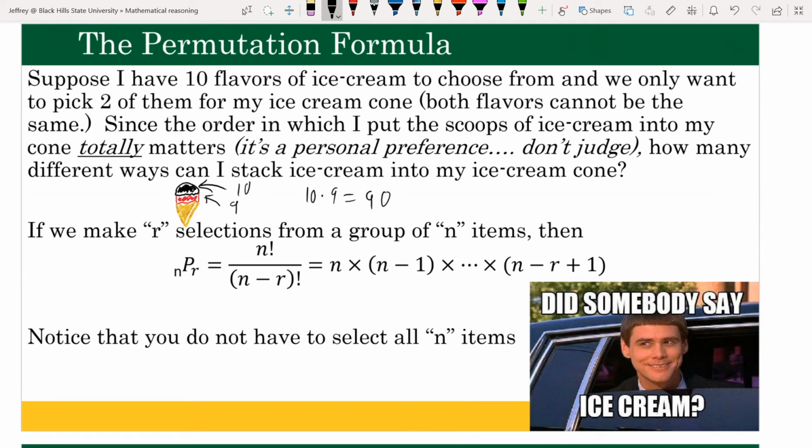Essentially, it takes the number of ways to arrange all n items and divides it by the number of ways to arrange the non-selected items. By dividing by the number of ways to arrange the non-selected items, we end up with the number of items that we are selecting left over. So again, n is the total number of items we have to select from, but we are only selecting r of those items.